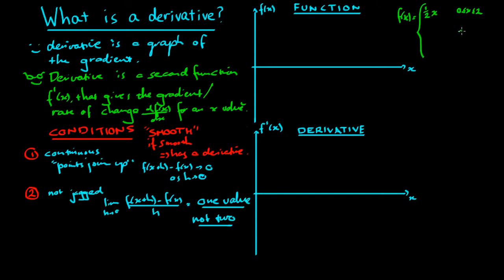Between the points 2 and 3, so x is between 2 and 3, it obeys the rule negative square root x take 2. And between the points 3 and infinity, now I'm just saying x is greater than 3, so that goes all the way up towards infinity, the function obeys the rule x take 4.